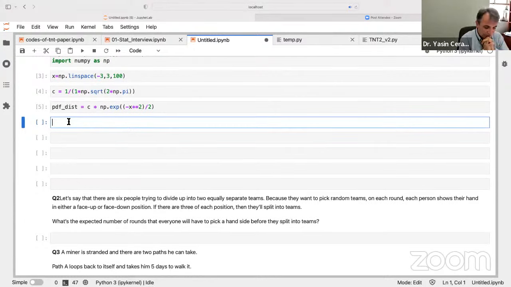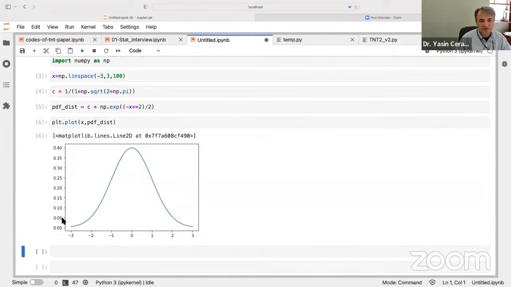Now I'm going to plot this distribution. So this is my normal distribution. Let me also mark this 2 and then fill that out, just for fun.